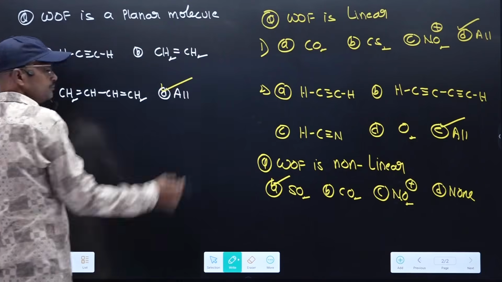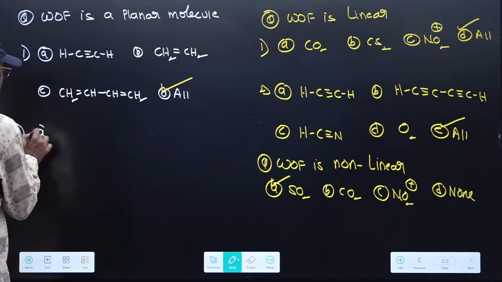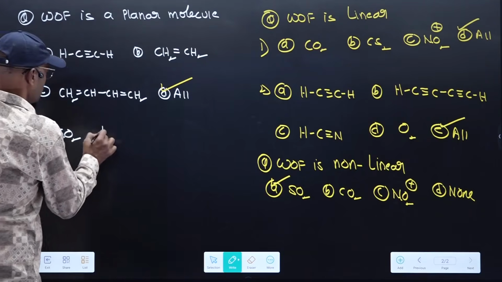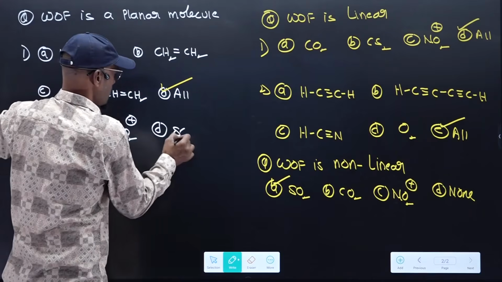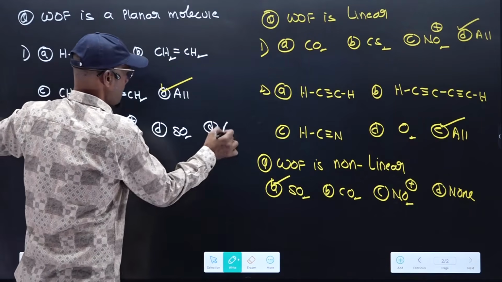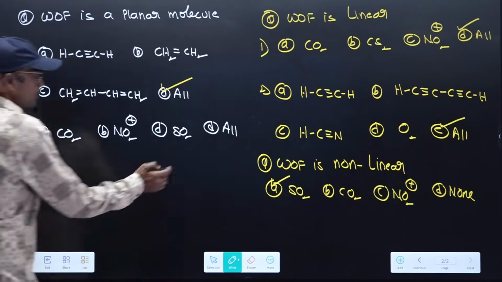All are planar. Which of the following is planar? Here also all are planar or not?